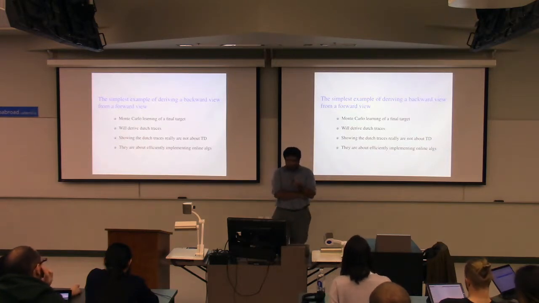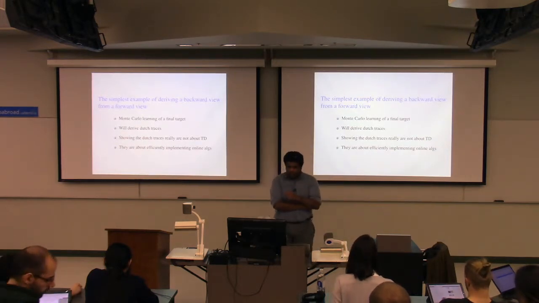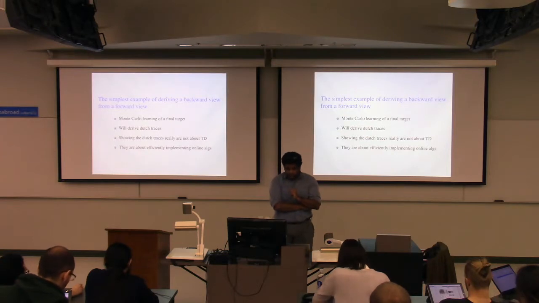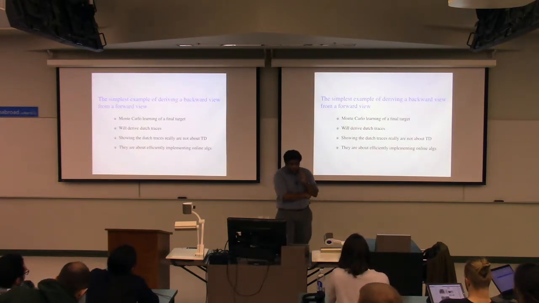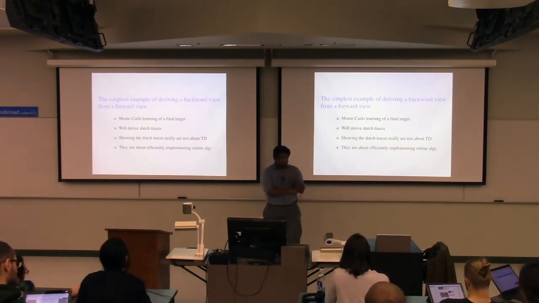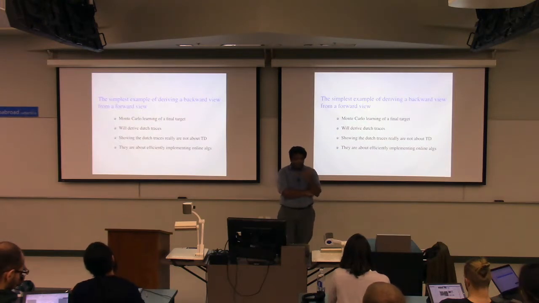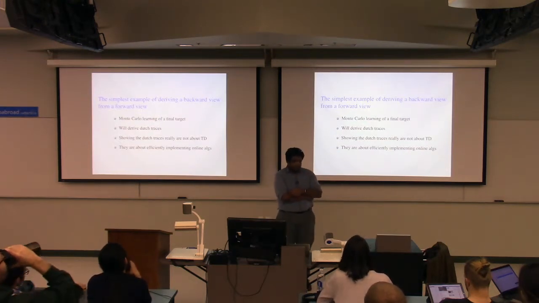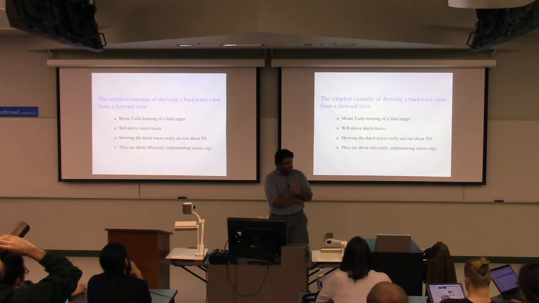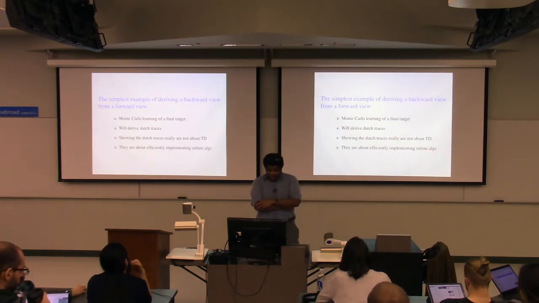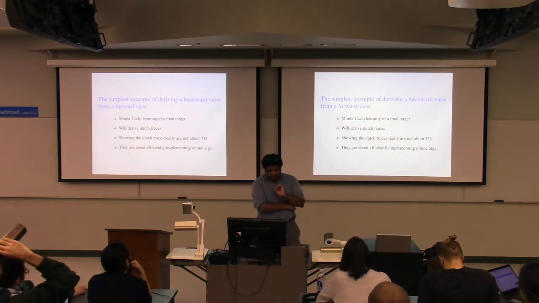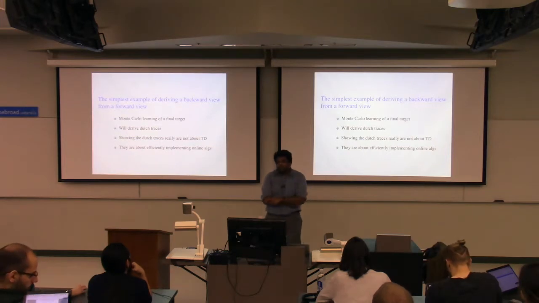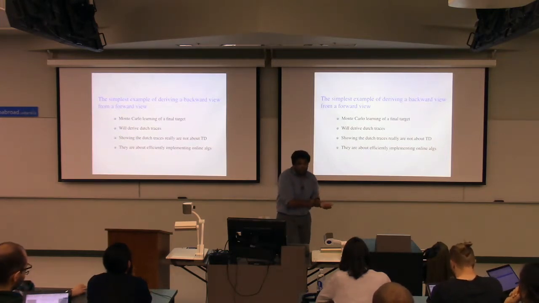So it gets rid of a bunch of the additional details, but it shows how you can get the exact equivalence. And then actually showing the exact equivalence will require additional notation. So we'll stick with Monte Carlo. Okay. And in some sense, it's the simplest example of deriving a backward view from a forward view.